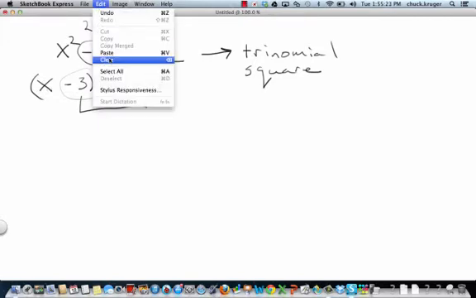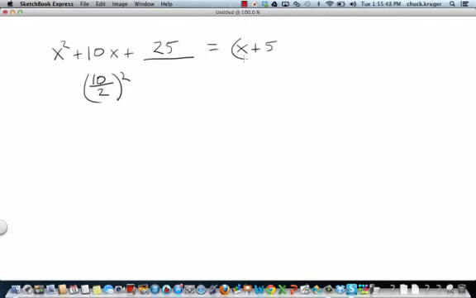Let's look at another. Let's say I have this, x² + 10x + blank. Well, I'm going to take 10, take half of it, and square it. Half of 10 is 5. 5 squared is 25. In other words, this is the same as (x + 5), the quantity squared. These are the same expression.